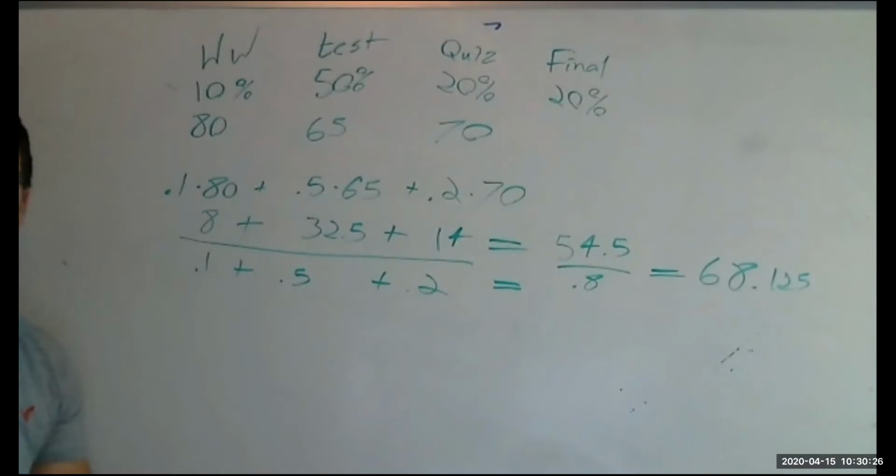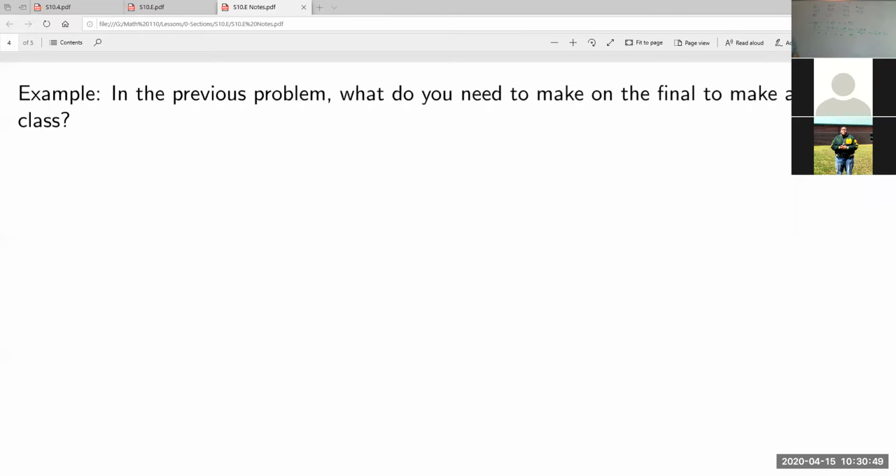So let's look at earlier. On this last question, what do we need to make on the final in order to pass with a C?